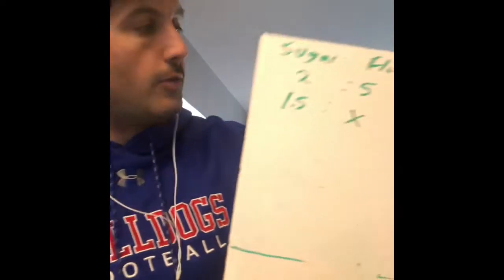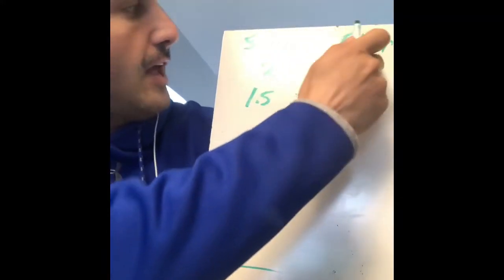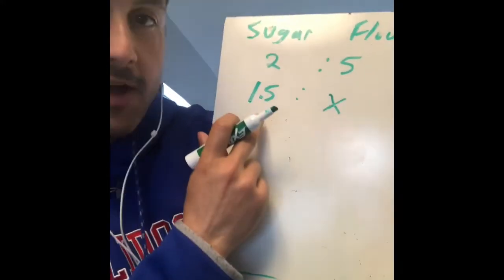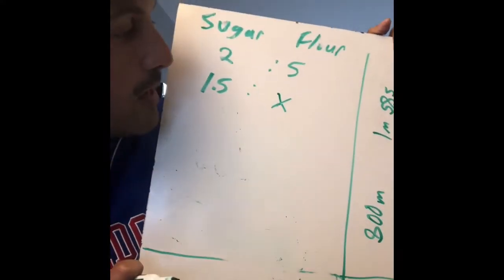Okay, so the next question is, in a banana muffin recipe, the ratio of sugar to flour is 2:5. If the recipe calls for 1.5 cups of sugar, how much flour would be needed? So the way to solve that problem, you set up the ratio again with sugar to flour in a 2:5 ratio. And if you need 1.5 cups of sugar, how much flour will you need?